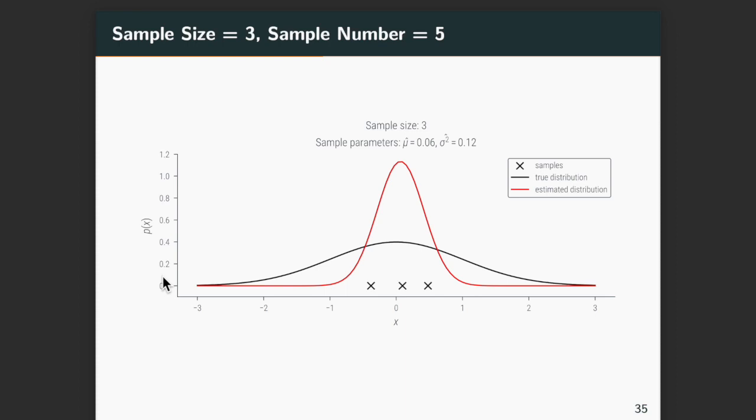So if the sample size is small, it's much more likely that you'll not be able to span the whole range. With a very large sample size, it's much more likely that you'll get extreme values, which also means that you'll be able to estimate sigma square better, right?